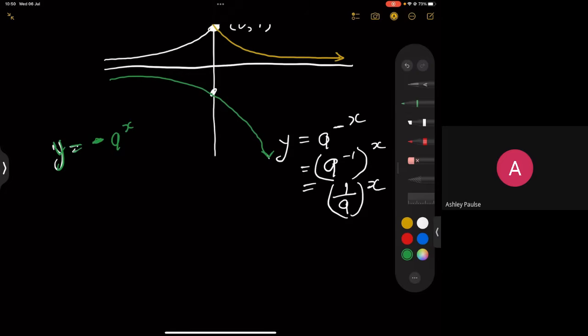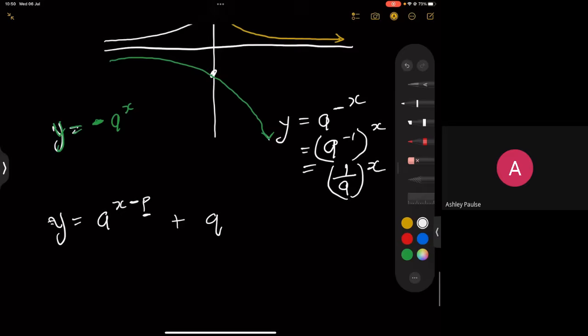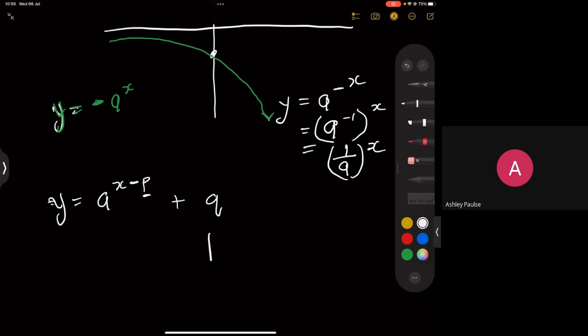Again, for the exponential graph, you can have a shift. y is equal to a to the power of x minus p, plus q. So note this would be a horizontal shift. Once you say x minus p, you're taking the original graph, you remember what it looks like, and you are shifting it p units to the right.